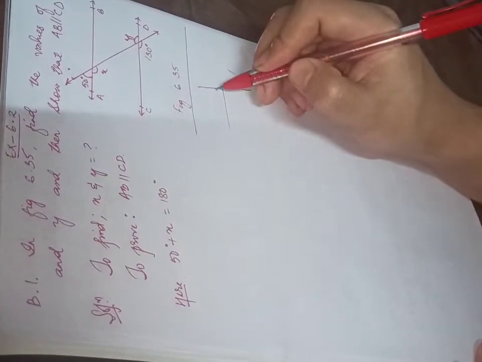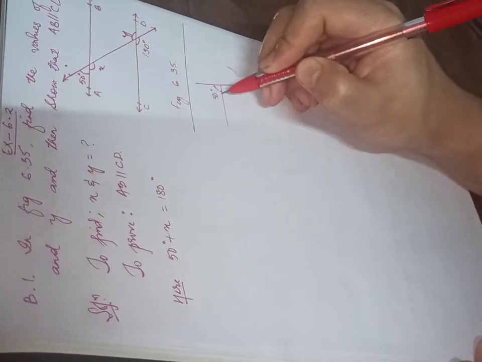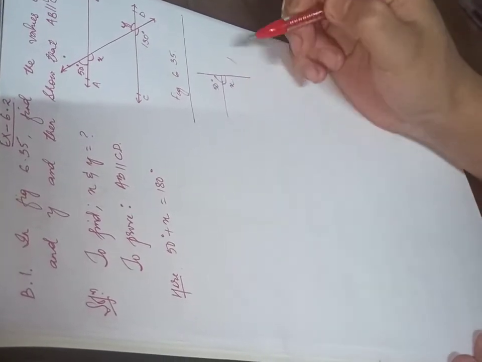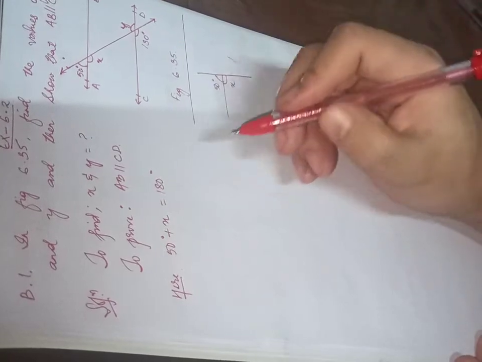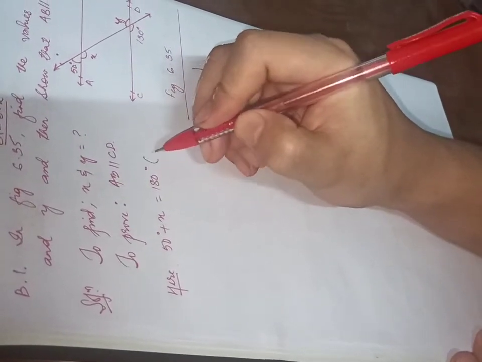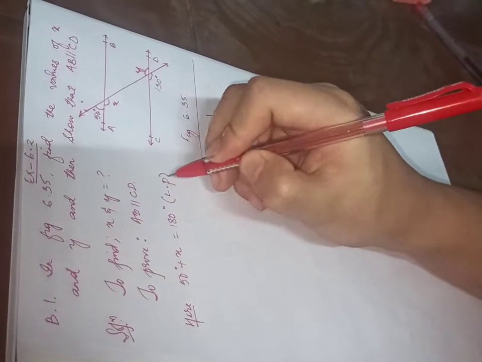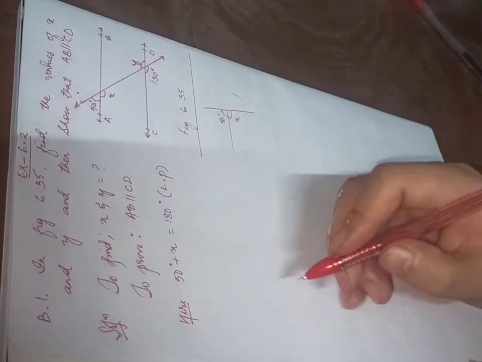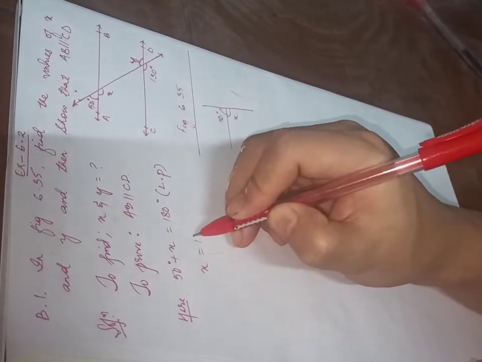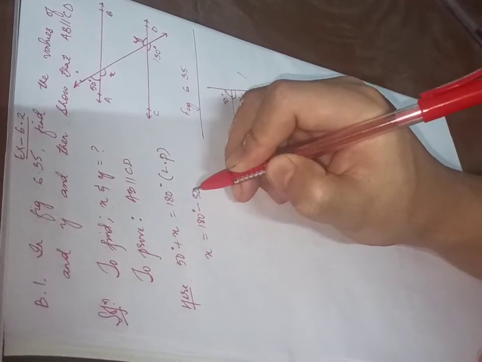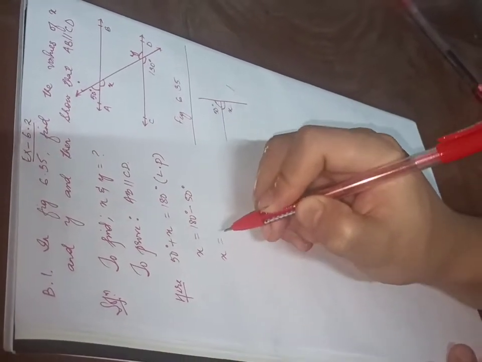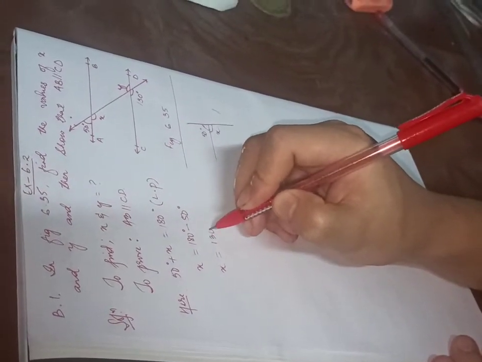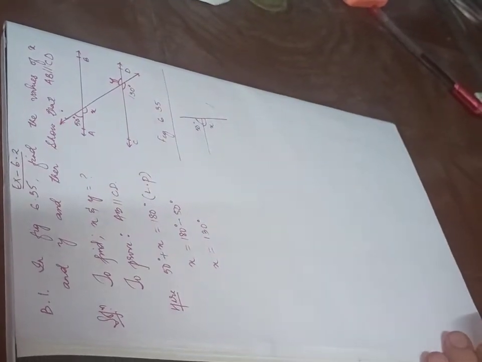This is 50 degree, this is x. So the sum of these two angles, x and 50 degree, will be equal to 180 degree. The reason is they form a linear pair. So this gives us x is equal to 180 degree minus 50 degree. This gives x equal to how much? 130 degree. Is that okay?